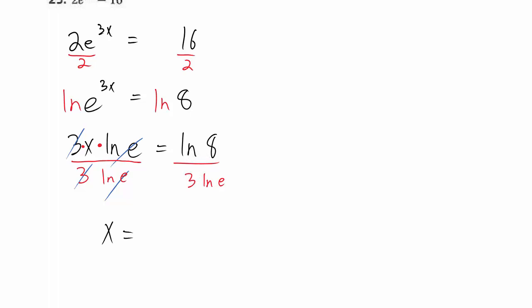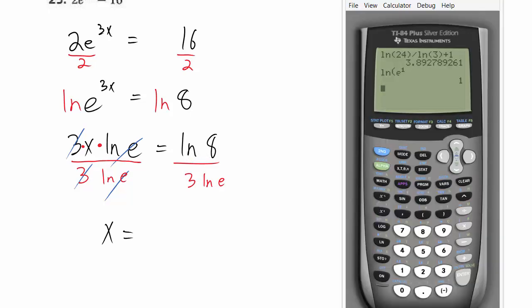So I get natural log of 8 divided by 3, or if you want, natural log of 8 divided by 3 times natural log of e. And notice how they give me the same answer either way. And round to 2 or 3 decimal places.